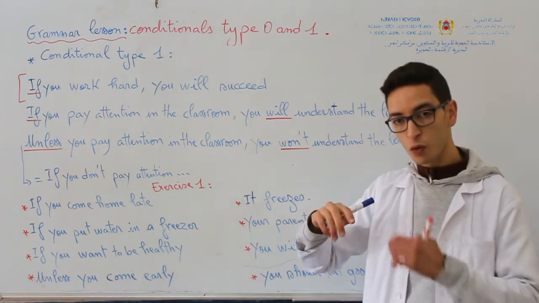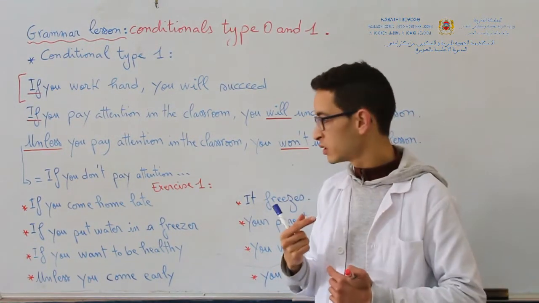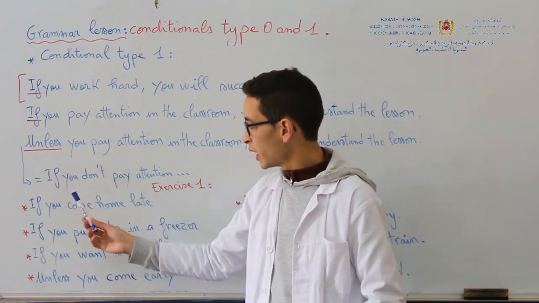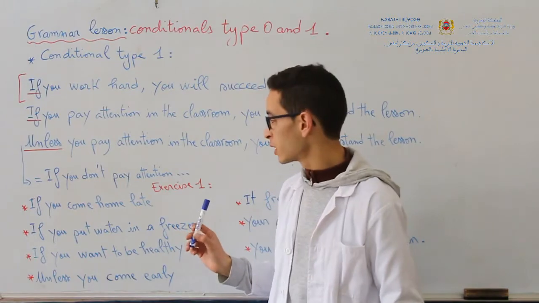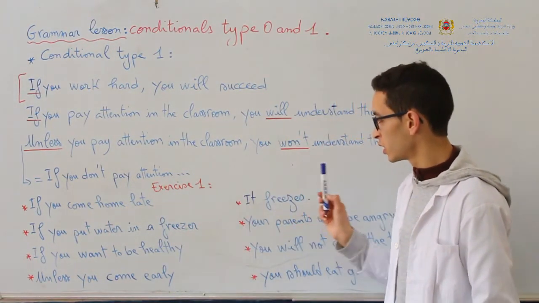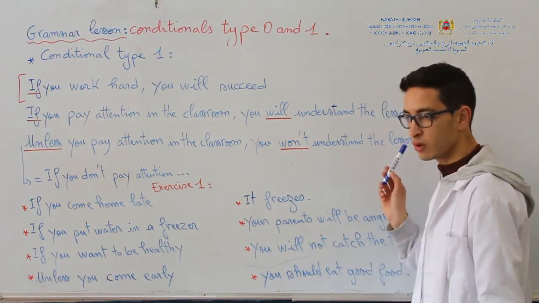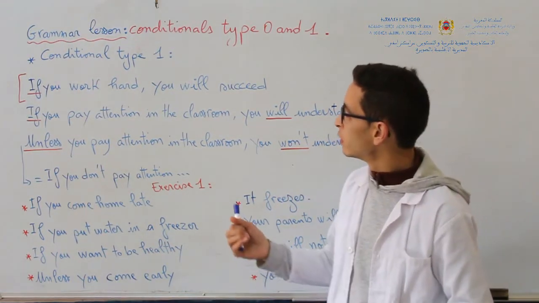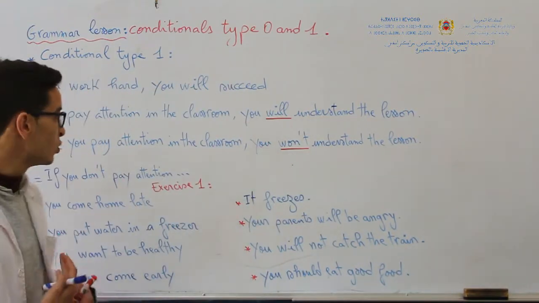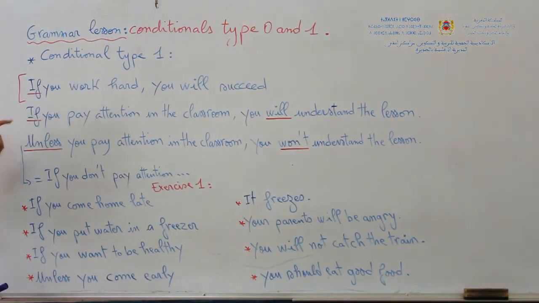So if we want to paraphrase this sentence, we can use it with if, and we will have a result like this. If you don't pay attention in the classroom, you won't understand the lesson. So when you want to talk about a condition, you can use the word if, and you can also use the word unless.